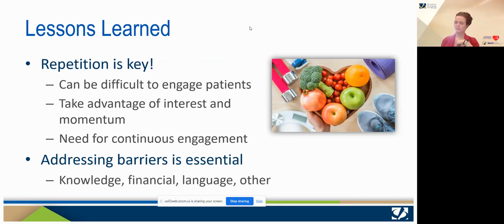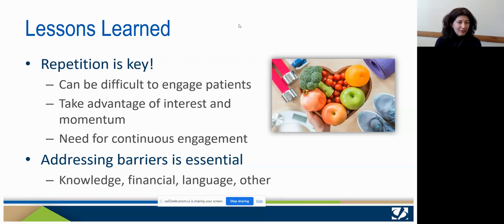It's also really important to take advantage of their interest and momentum in the moment that they bring it up, right? Because there's lots of competing interests, lots of competing demands on people's time. So if they're in a moment where they're thinking, now is the time that I'm ready to make change, we need to jump on that.